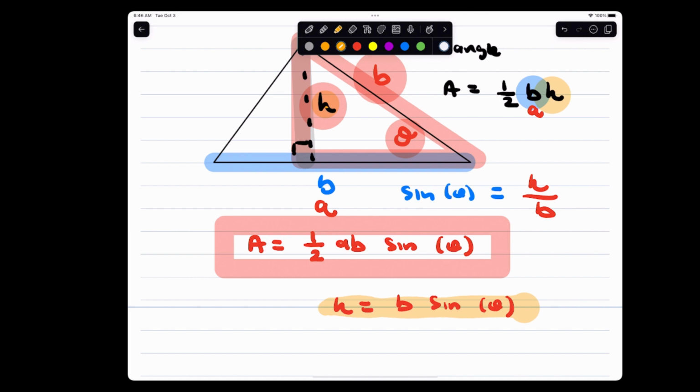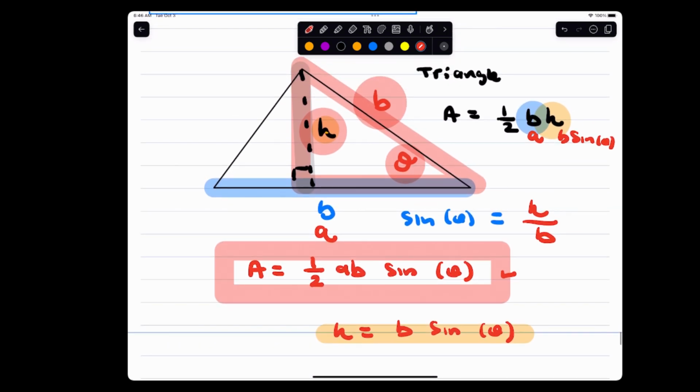Well, here's your h, ladies and gentlemen. So replace that h with B sine theta. That's all. And so, ladies and gentlemen, that's the deal. We just proved this area formula.